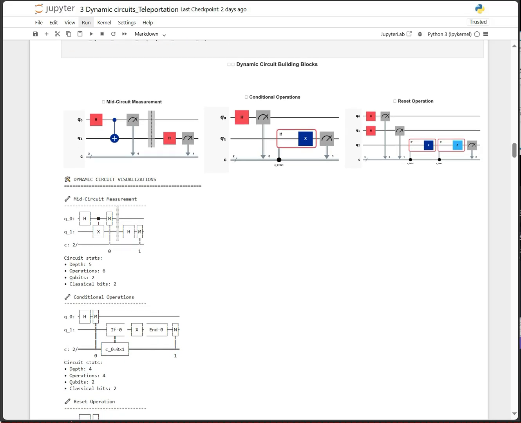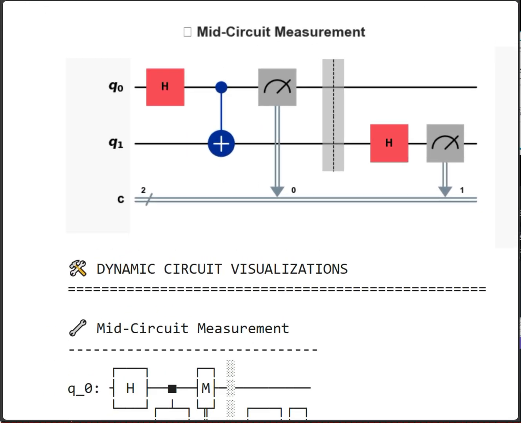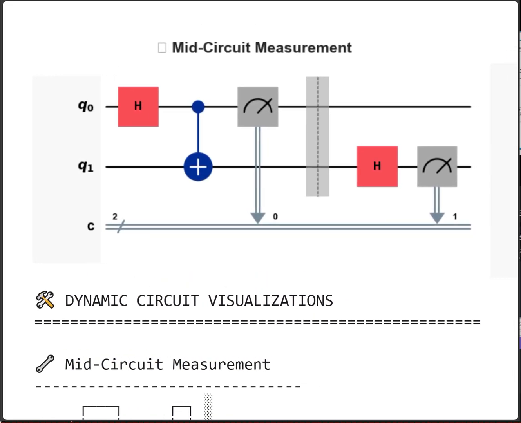Remember that Qiskit can give you these visualizations. I presented them in 2 ways, with some of the parameters like the depth, number of operations, number of qubits, and number of classical bits. Check that at the end we are going to have 4 channels, where this mid circuit is the most relevant to check right now.